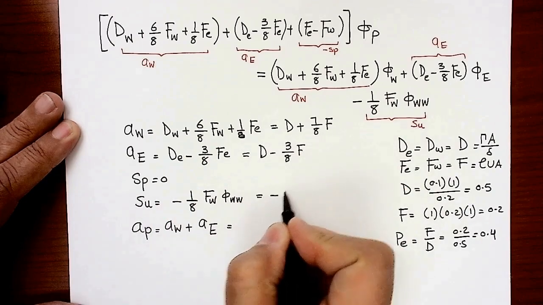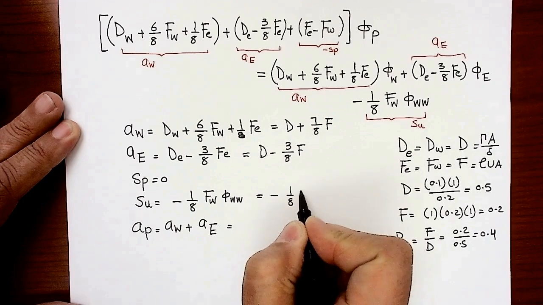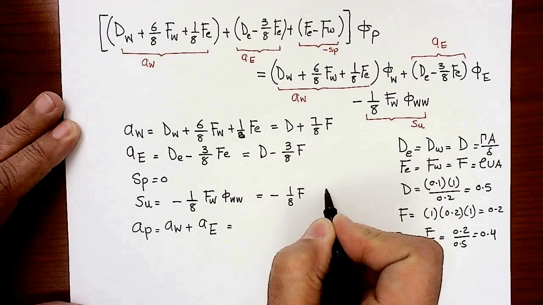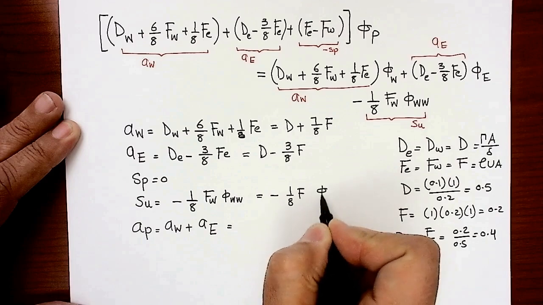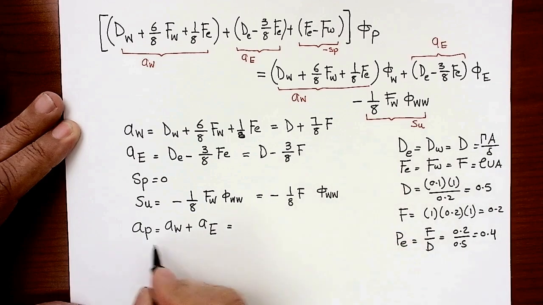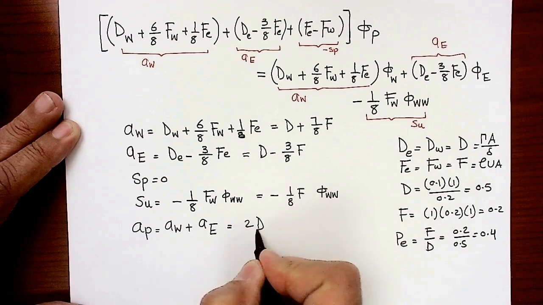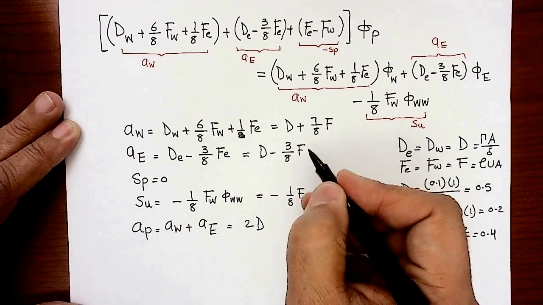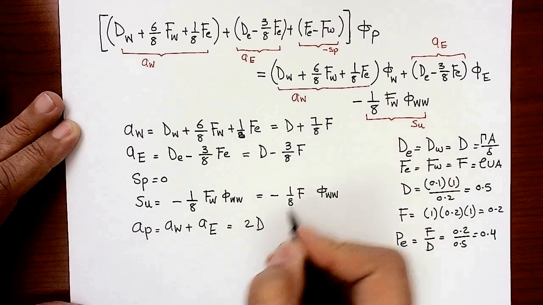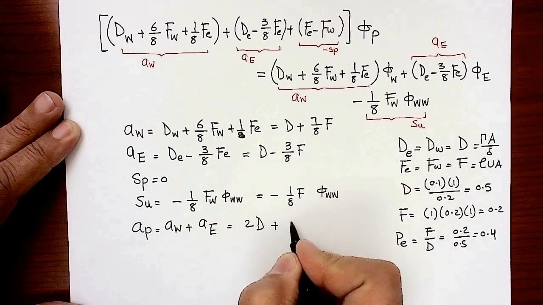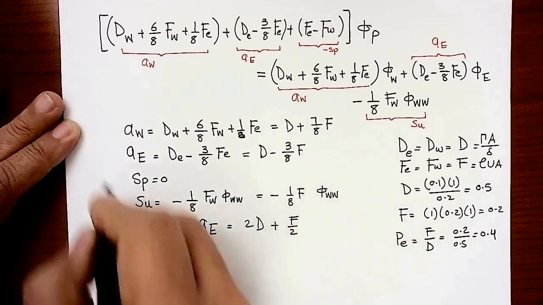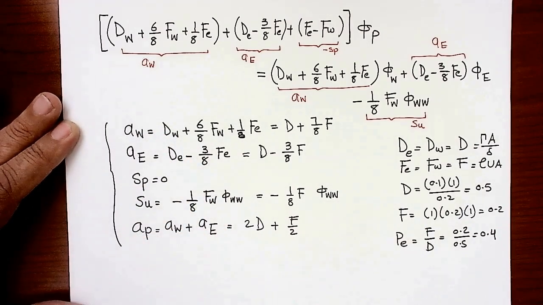This will be minus 1 over 8 F times phi WW. Then the summation of these two together will actually be 2D, then 7 minus 3, that's going to be 4 over 8, that's going to be plus F over 2. So these are the coefficients for an interior node.